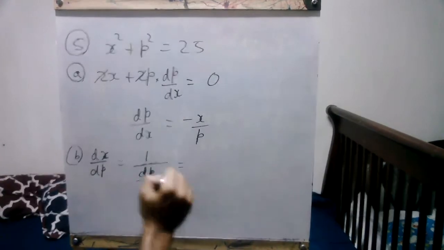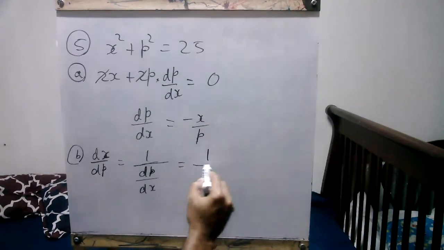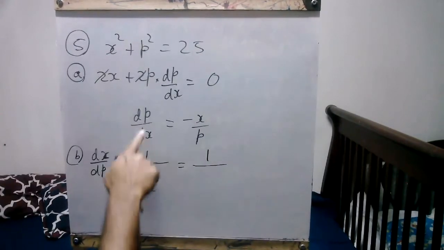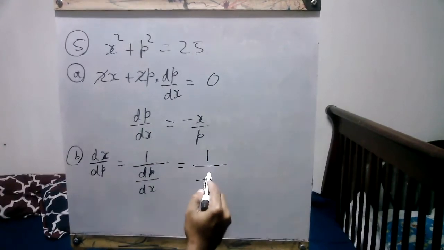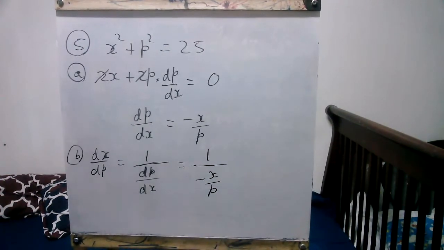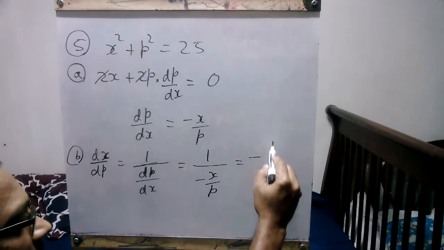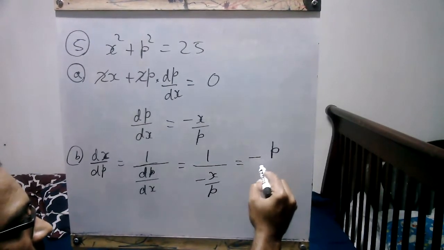So let's substitute from the previous part. 1 divided by dp/dx is 1 divided by negative x over p, which is the same as negative p over x.